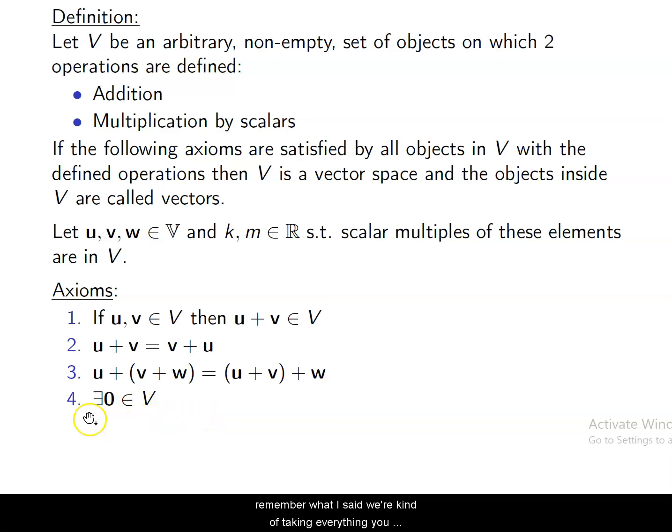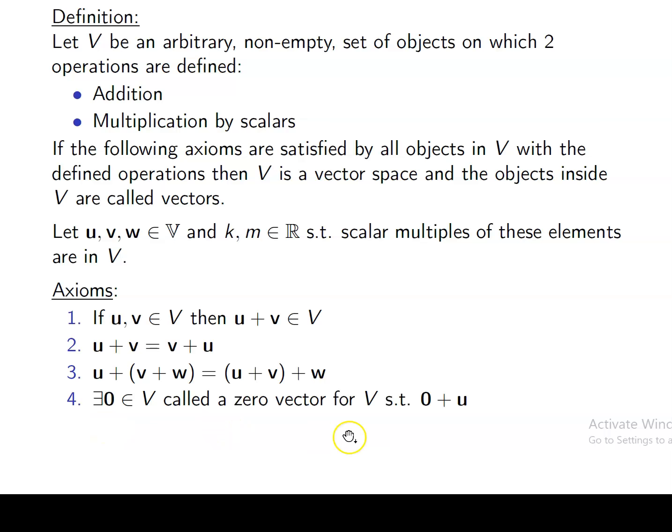Again, remember what I said. We're taking everything you know about math and turning it upside down a little bit. So you're familiar with all of these things, but they are not identical to what you are used to. There should be an object in there that I call the 0 vector, such that if I add this object, which is not always all zeros, to an item that is in my vector space, it should be the same thing as if I were to swap the order, which is coming from that commutative property of addition, and I should always get out my original vector.